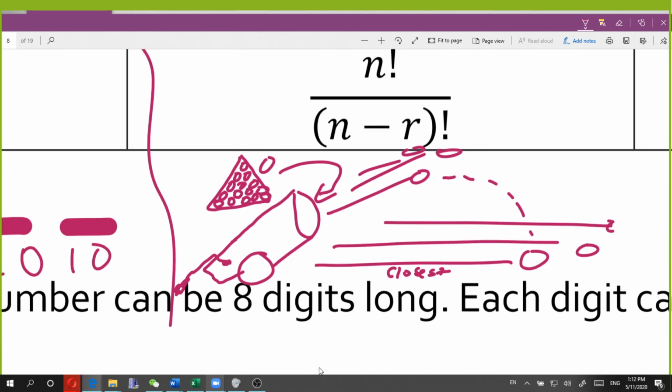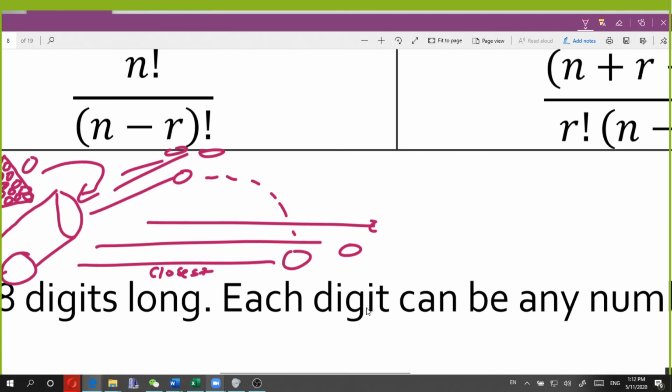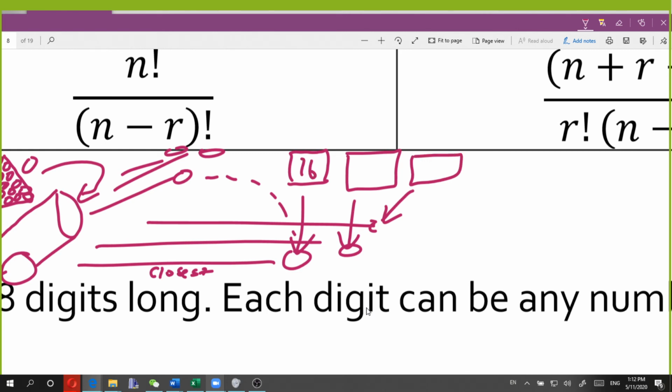So if we did, first on my order is Aileen. How many options would I have for the closest ball to the cannon? Okay, we would have 16 options for the one closest to the cannon. What about the one that's second closest? Okay, and third closest? 14, perfect.